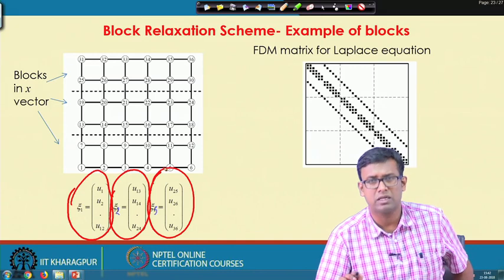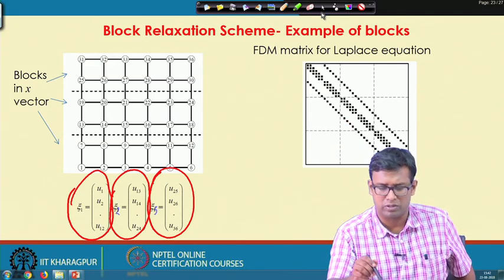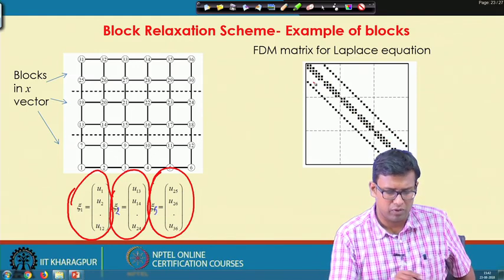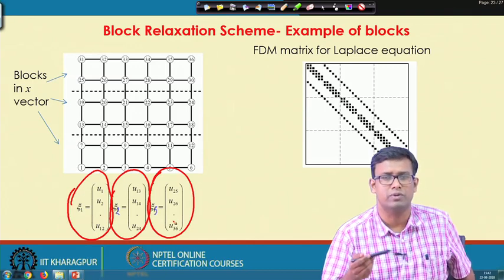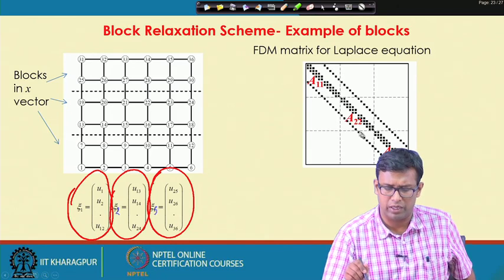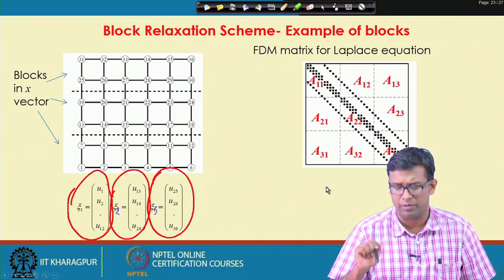The matrix I will get will be decomposed into several blocks, and these 3 are the diagonal blocks, which will be directly multiplied with xi 1, xi 2, xi 3 when we are iterating for xi 1, xi 2, xi 3, etc. So, these are A11, A22, A33, the diagonal blocks, and there are a few off diagonal blocks.